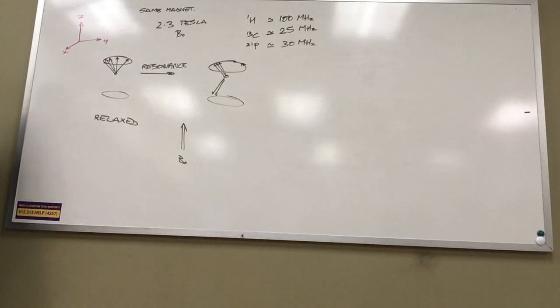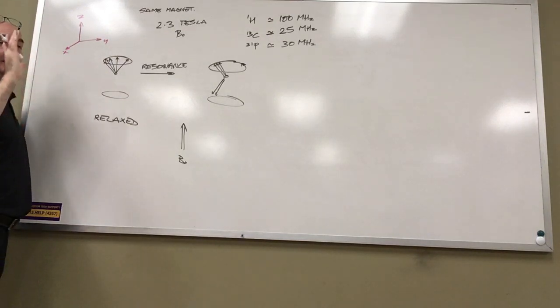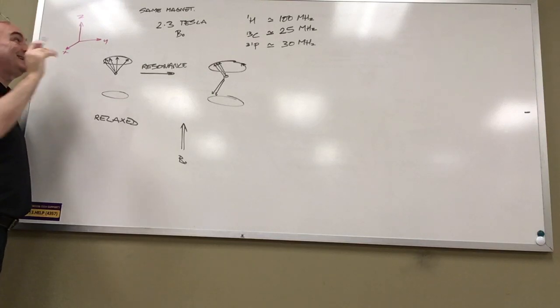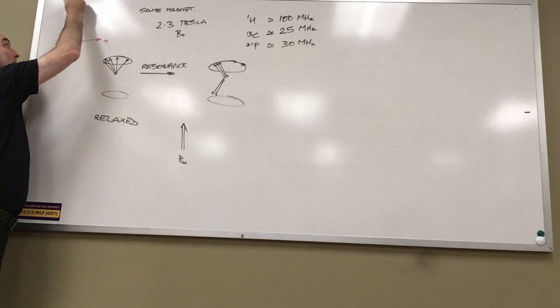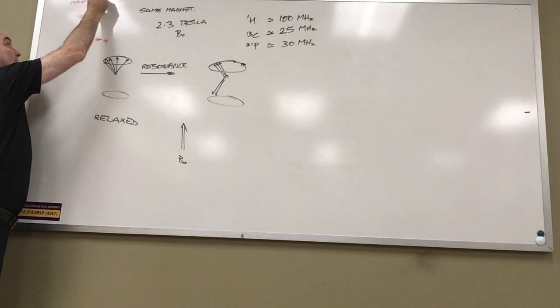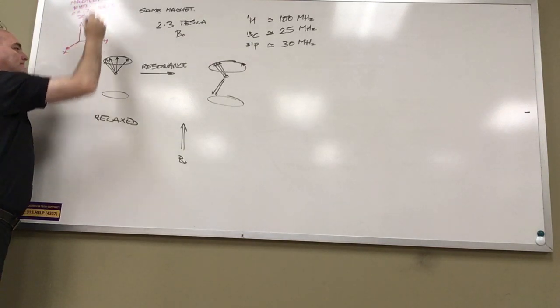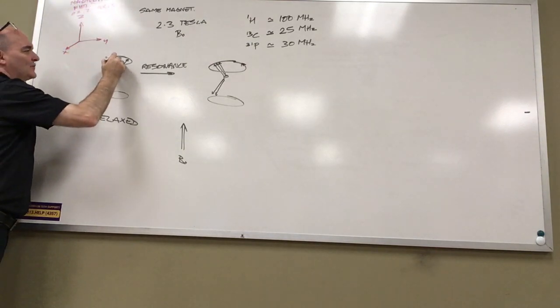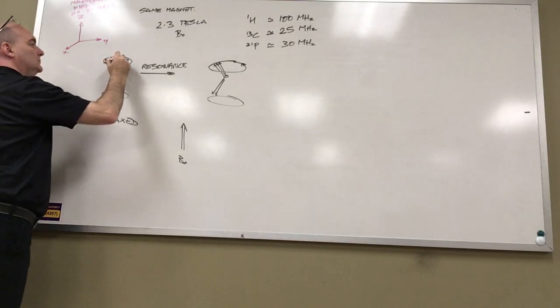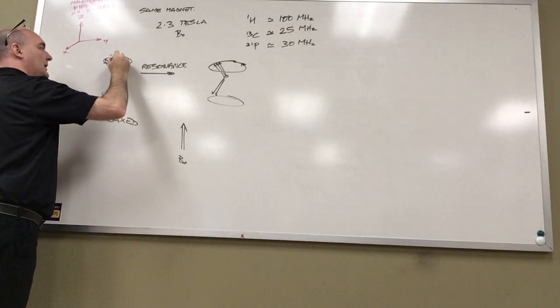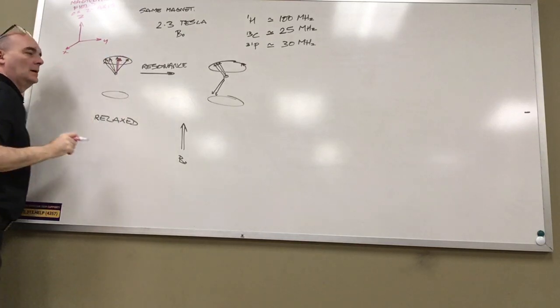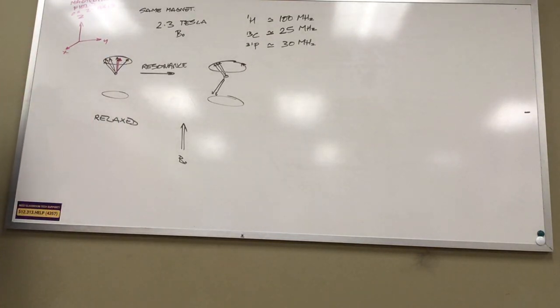I have X, Y, and Z. Z is the vertical axis. It's the axis that the magnetic field is lined up on. I can sum or average. It's going to give me the same kind of answer, what each of those little magnetic moments is doing.